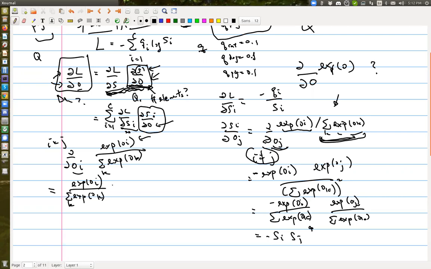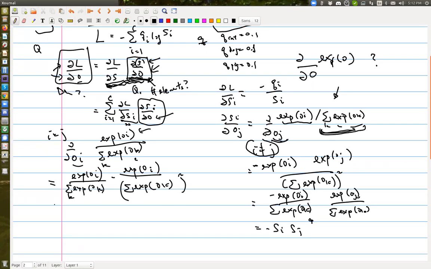So it will give us minus exponential OI squared over exponential OK squared. And therefore this will be equal to SI minus SI squared, something like that.